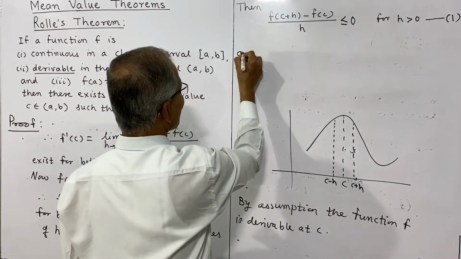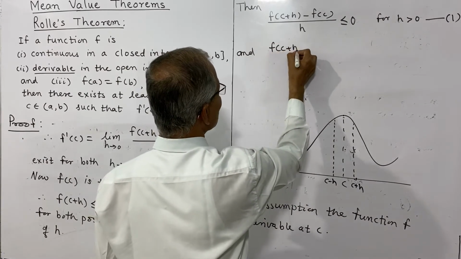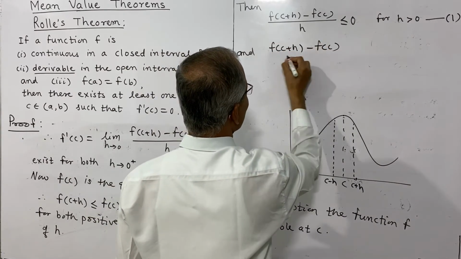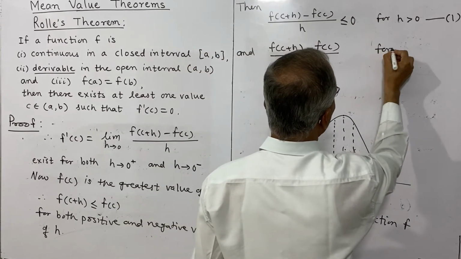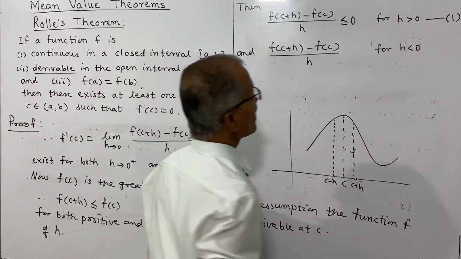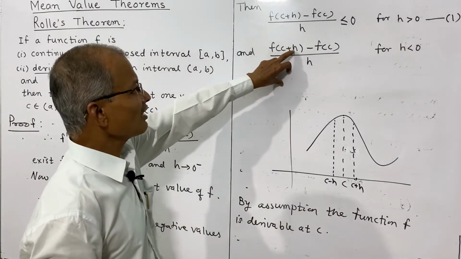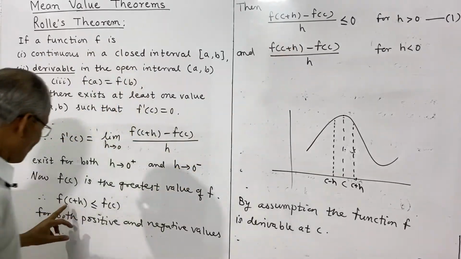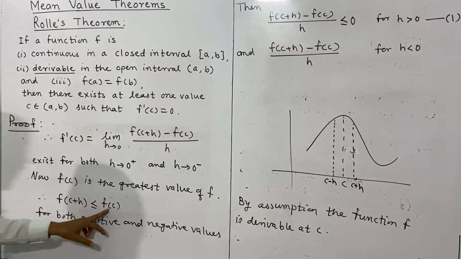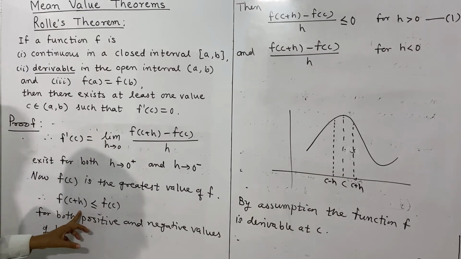And now what happens if h is negative? f of C plus h minus f of C divided by h, for h less than 0. Now you see, when h is less than 0, the numerator is always non-positive, because f of C plus h is less than or equal to f of C, means the numerator is less than or equal to 0.